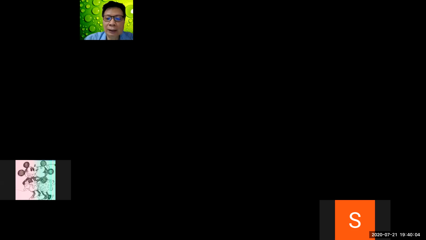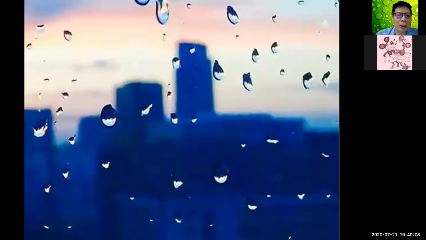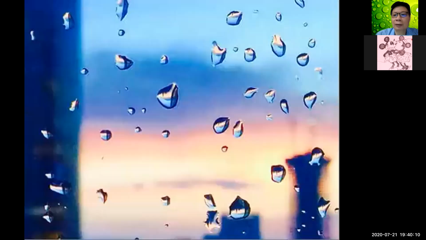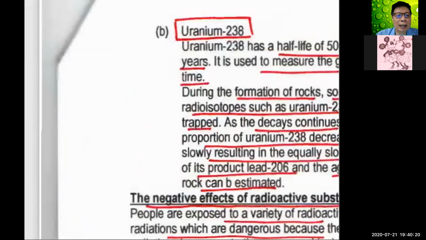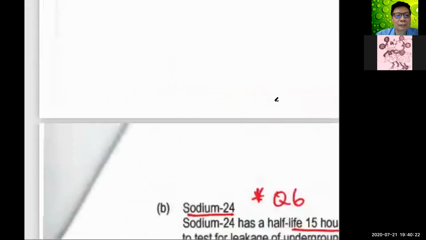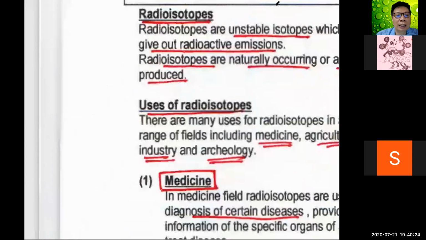In medicine, in agriculture, in industry, and so on. Okay, start from here. Our last lesson started from medicine, correct or not?